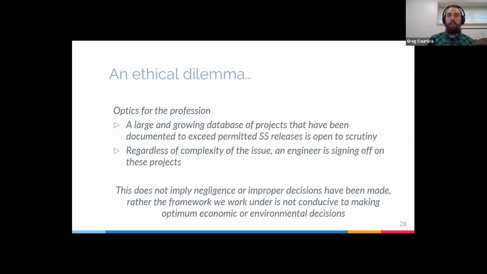And now I want to make it very, very clear that I'm not implying any negligence or any improper decisions. As I mentioned before, there's a distinction between prescribed limits and actual risk to the ecosystem. And so what I'm trying to communicate here is that the framework is not conducive to making optimum economic and environmental decisions as it stands, and that could pose problems in the future.